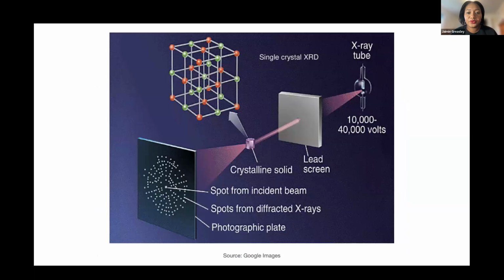For example, with single crystals, the regular ordering means that the beam is diffracted at a particular angle, and then there's constructive interference. So what we get are these points where the beams are. Those light points on this side are the angles at the various positions that the beam has diffracted, okay?